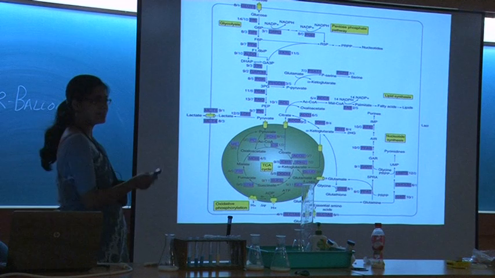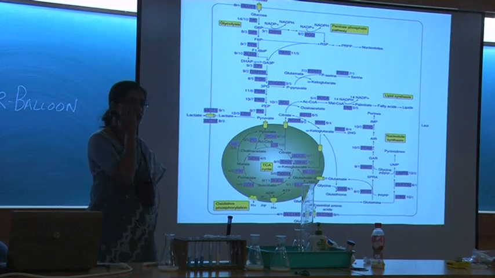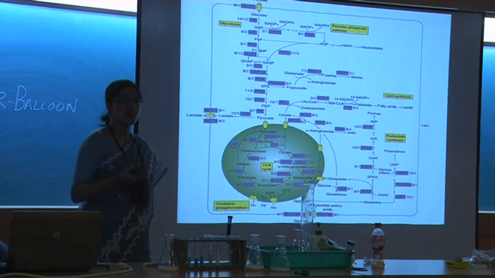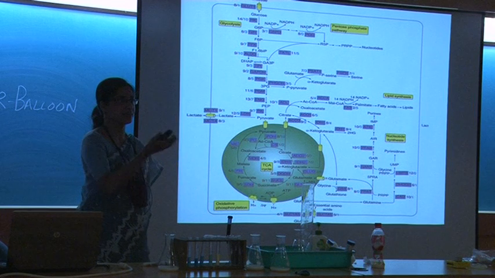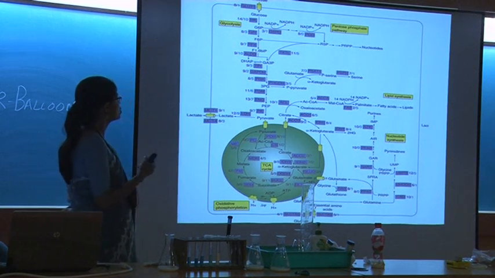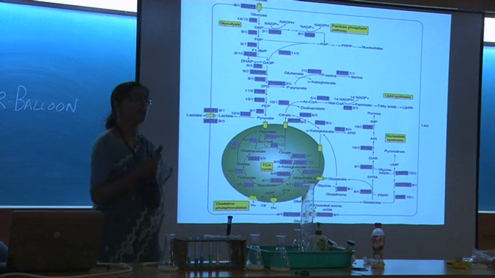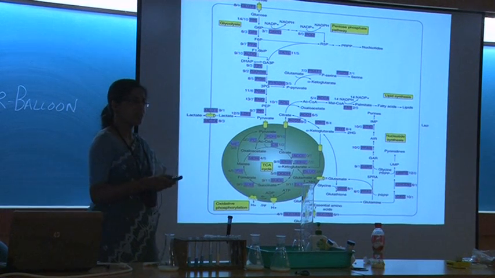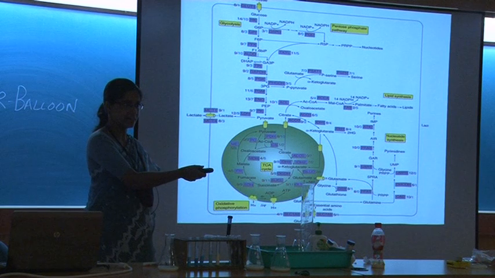Now, if you look at this pathway, this is actually a series of biochemical reactions that are going on in our cells, in any living organism, in a bacterial cell. Now, this pathway shows the metabolism of a carbohydrate molecule, which is being performed here, right? Because we have added sugar and yeast.